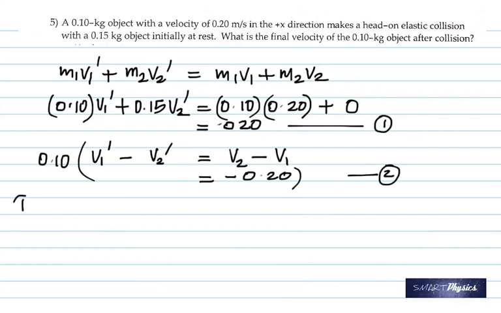Now, to solve this equation, what I did is multiply equation 2 with 0.10. Because then I see that these two terms will become equal, and so if I subtract one from the other, they're going to get cancelled. So 1 minus 2.